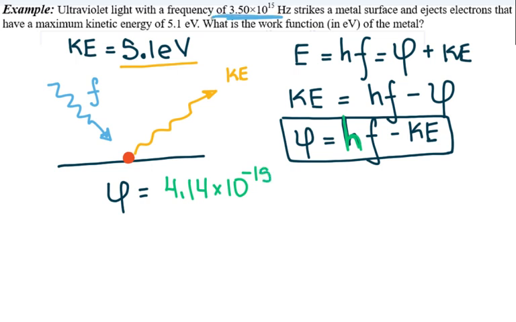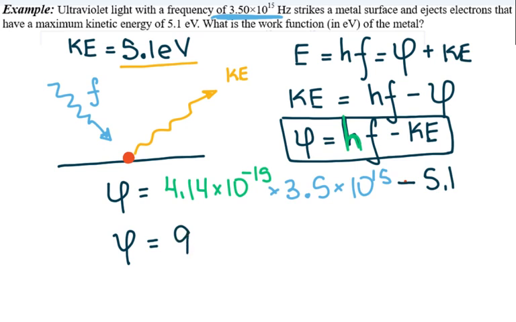Then I have the frequency, which is 3.5 times 10 to the 15, and then I have to subtract the kinetic energy of the electrons, which is 5.1 electron volts. So everything is in electron volts right now. So the work function is equal to 9.4 electron volts.